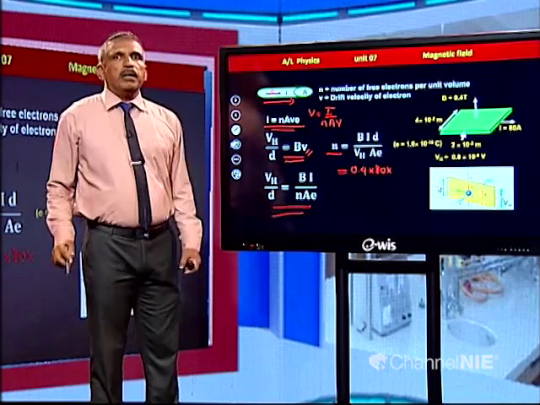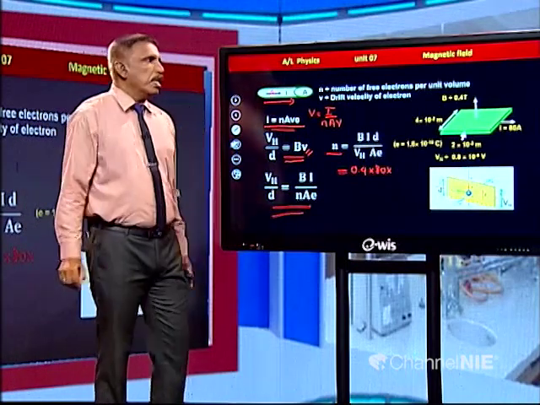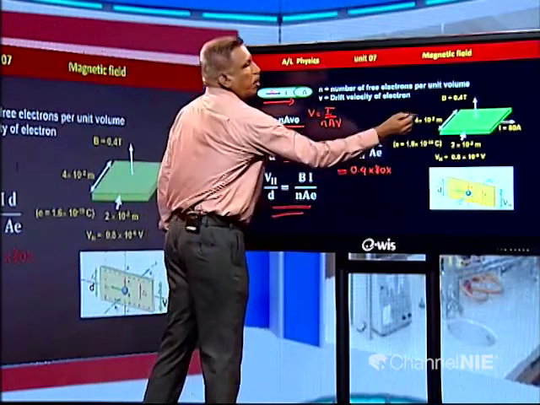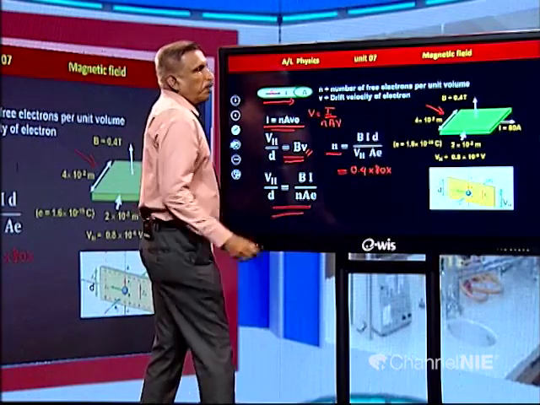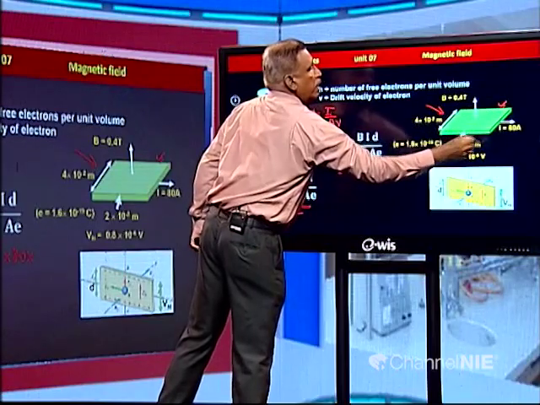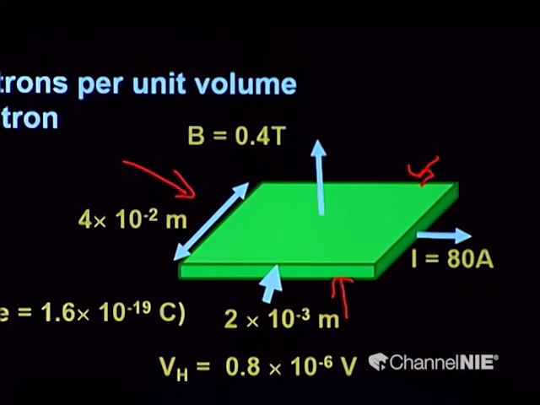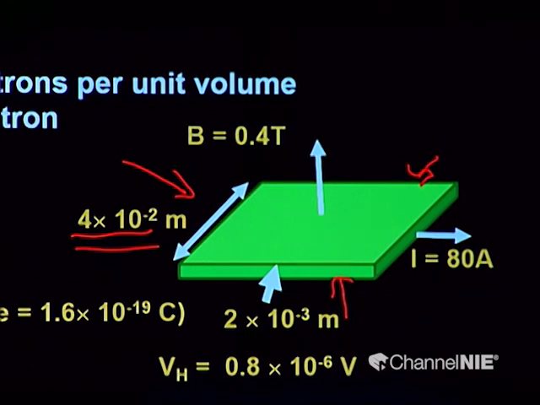Earlier I explained it for the vertical position of the conductor. Here the conductor is in the horizontal position, so the whole voltage is set up across this surface. Therefore, this is D. Be very careful about this.